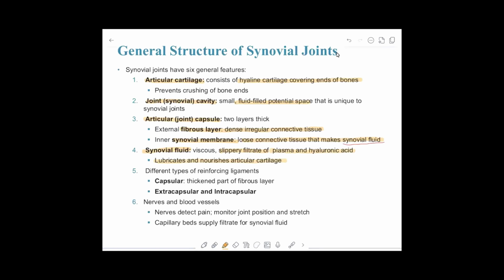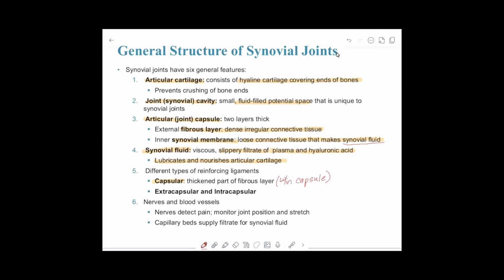It's the same idea. There's also lots of reinforcing ligaments because there's lots of chances for damage here. There's capsular ligaments, which are essentially within the capsule, and we're going to especially talk about those with respect to the knee, but there's also ligaments that are outside the capsule.